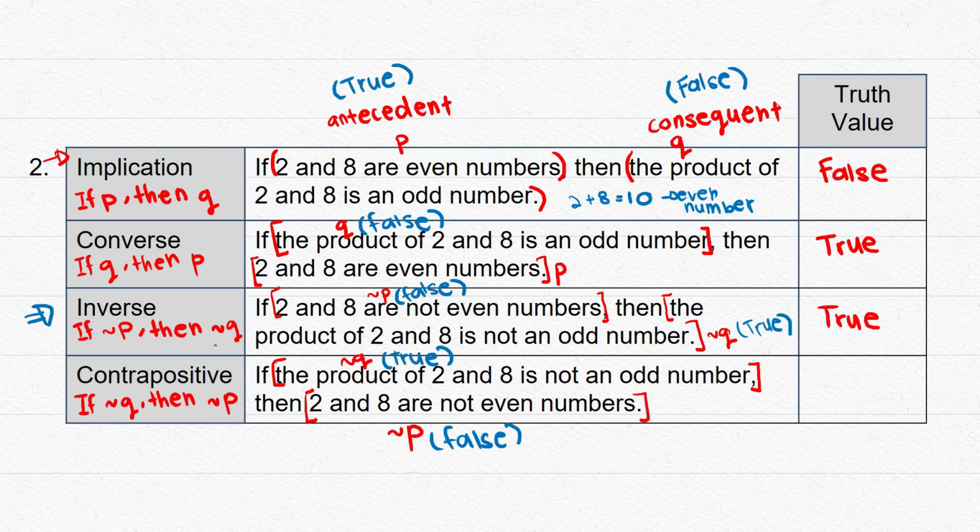Rule number 1 says that if the antecedent is true, then the consequent needs to be true for the whole implication to be true. But in this situation, the consequent, which is tilde P, is false. The antecedent is true, but the consequent is false. Then this contrapositive will be false.